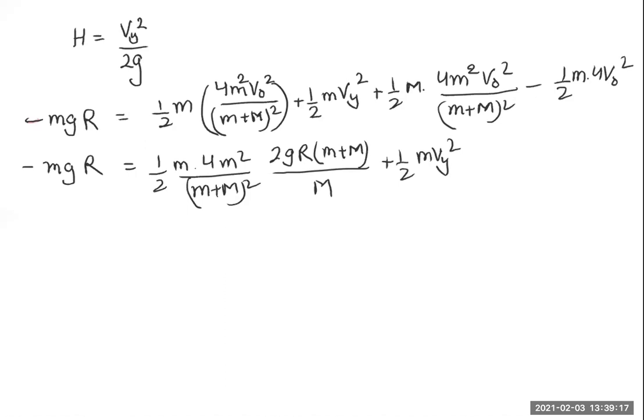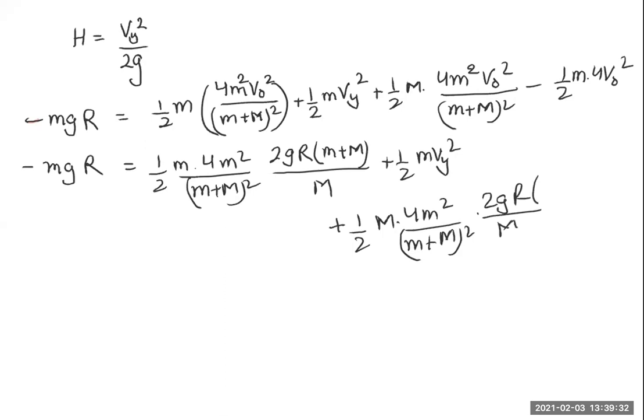This is getting very long, let me do it a bit. Of half m 4m square upon m plus M whole square, 2 GR upon m into m plus M, of minus 4m upon 2, right? 2 GR m plus M upon m.